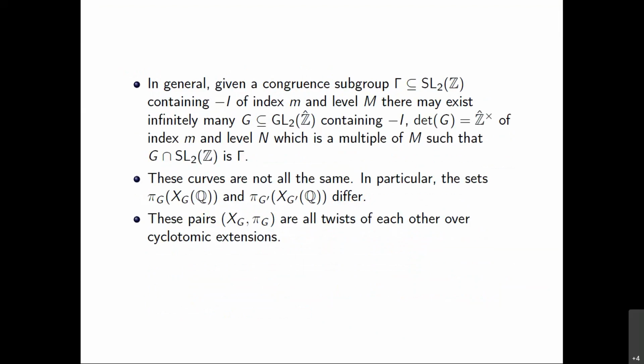Their intersection with SL2(Z) is gamma. And these curves are not all the same. That means that they are not isomorphic over Q. The sets may differ, but they all become twists of each other over cyclotomic extensions. Okay. Any questions so far?